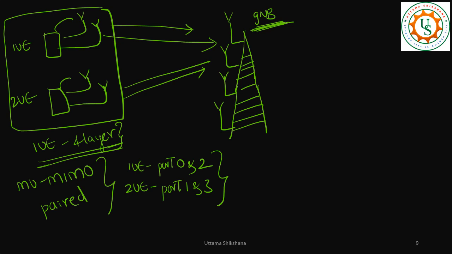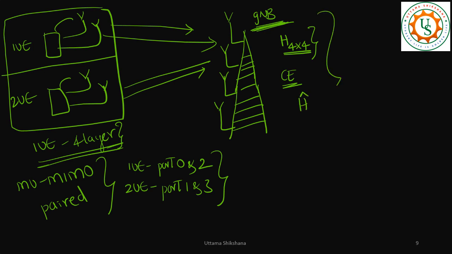Now, at the G node B, how would my channel look? It will be 4 cross 4. The channels of UV number 1 and UV number 2 are combined and made into a 4 cross 4 channel, and we should do the channel estimation in one shot for both the UVs which are paired, and we should get the channel estimate H hat.